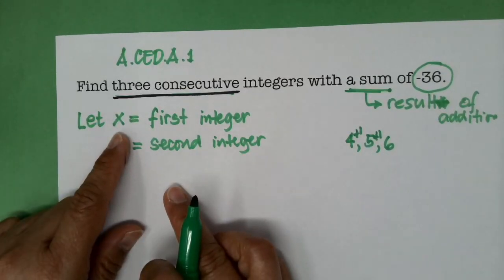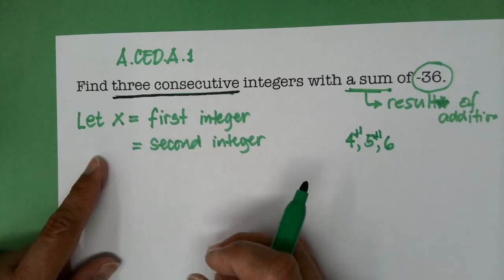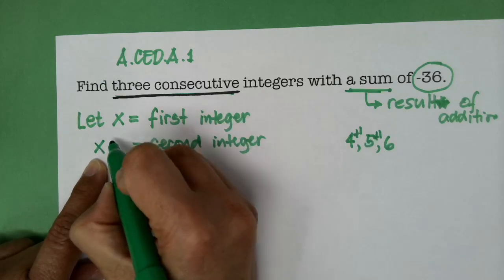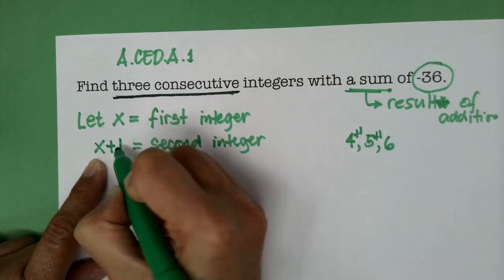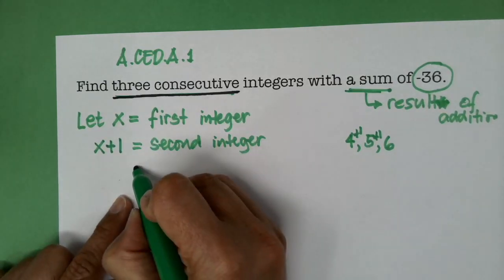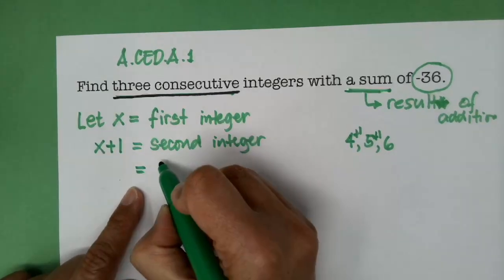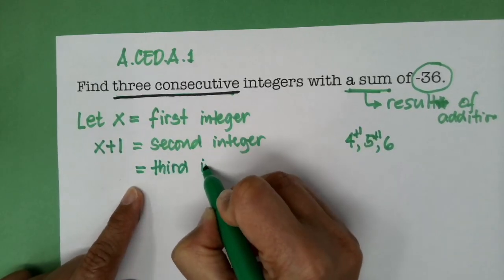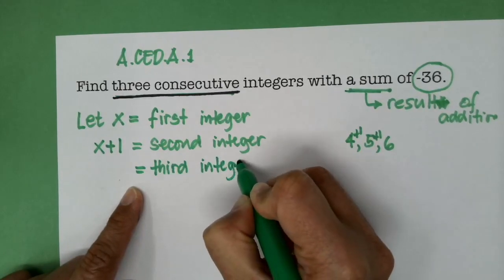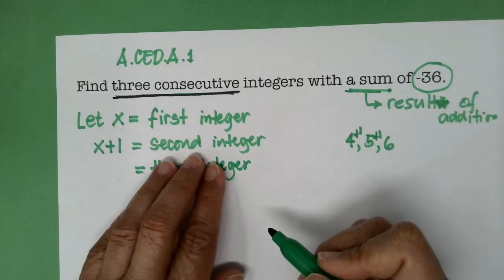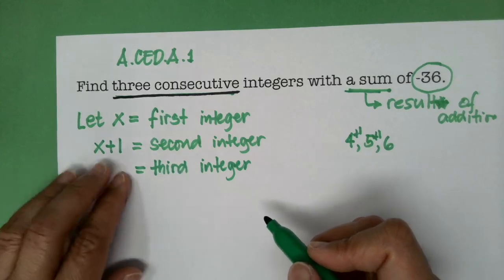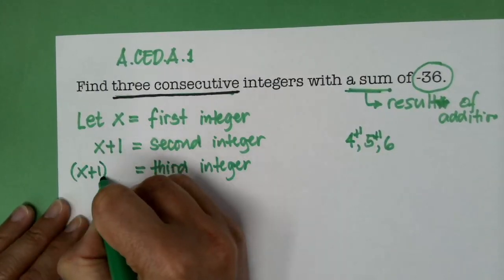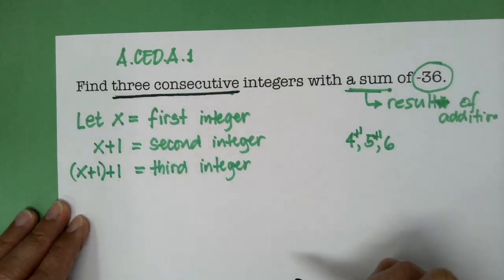So here, if x is our first integer, then our second integer is going to be the first integer plus 1. Then, since we already have the second integer, we can represent our third integer as the second integer, which is x plus 1, and then we have to add 1 again, right?